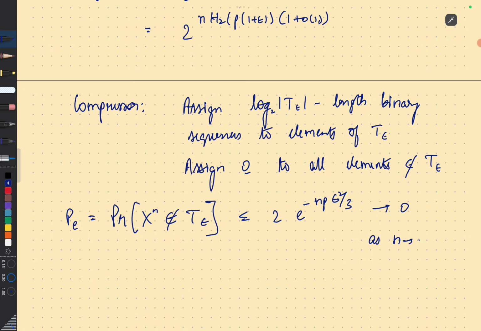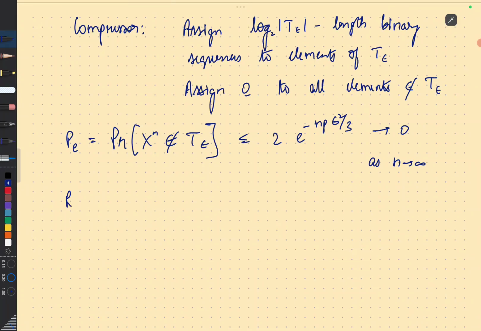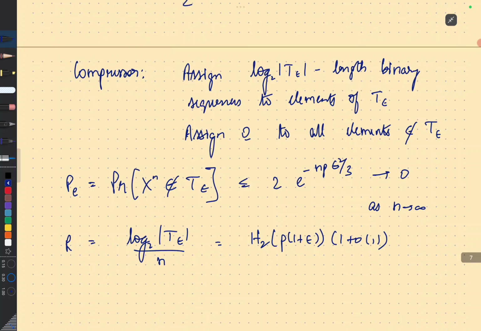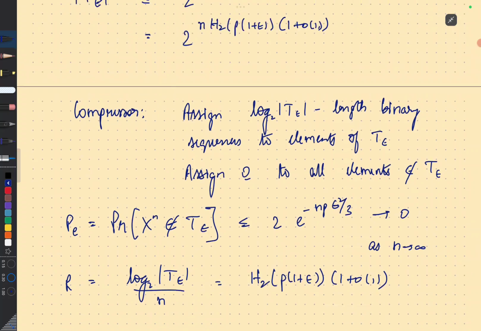And the rate of this compression scheme is just log of the number of sequences in T epsilon divided by n, which is the binary entropy of P times 1 plus epsilon plus a quantity that goes to 0 as n tends to infinity. Any questions?